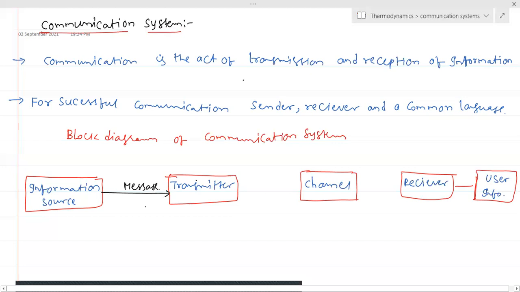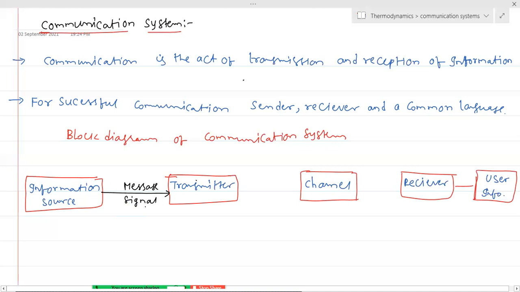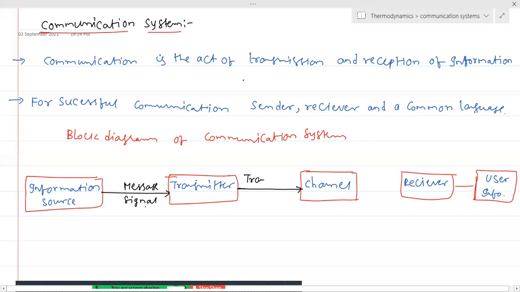That message will be in the form of a signal, and it is sent to the transmitter. The duty of the transmitter is to transmit the signal. For example, this is the transmitted signal.